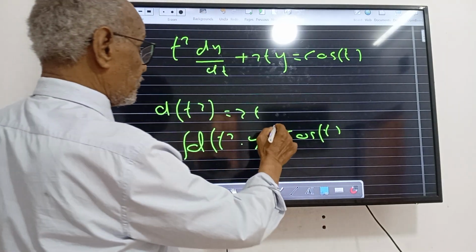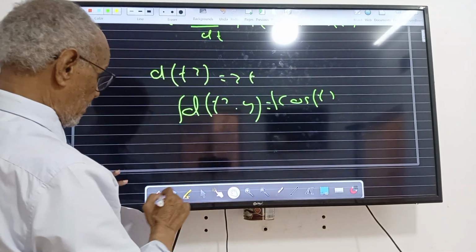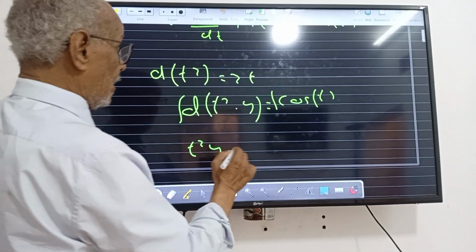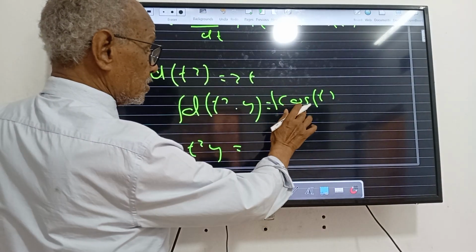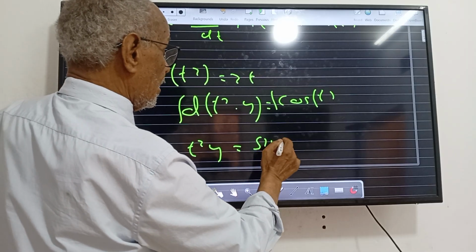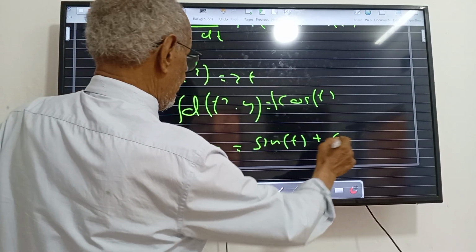Integration of both sides gives t squared y equal to the integration of cosine, which is sine t, plus c.